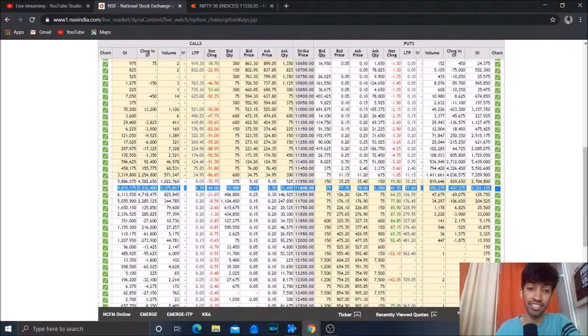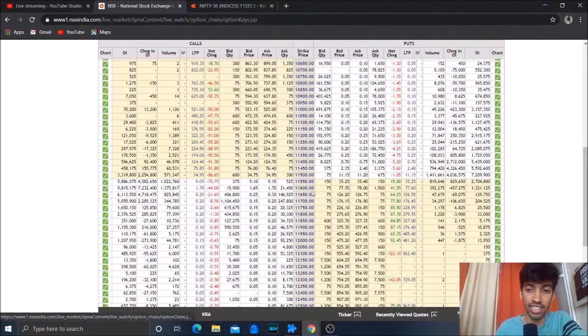As you saw when we started the video, the premium was around 3.2 rupees, and now it has already come down to 1.6 rupees. As long as it doesn't fall below 11,000 or go above 11,600, this is going to be 0. Most likely it is not going to go above 11,600. That's what the open interest also suggests.